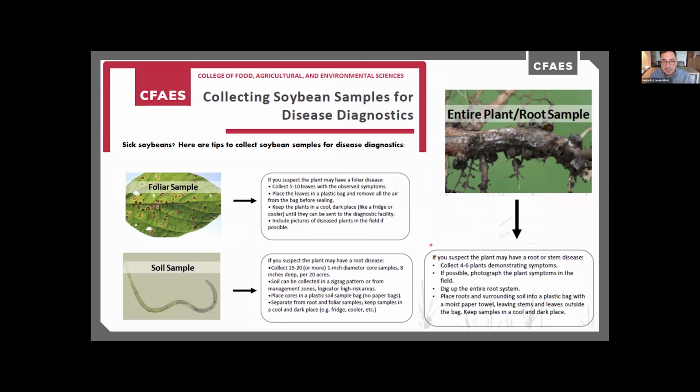I want to submit a leaf that has a weird lesion. How do I do it? Well, we have indications of how to do that. We want to test for SDS or other related pathogen. How do I do that? How do I submit? We have that information in that folder. So I invite you to go and visit that, as well as soil sample, which we do a lot.